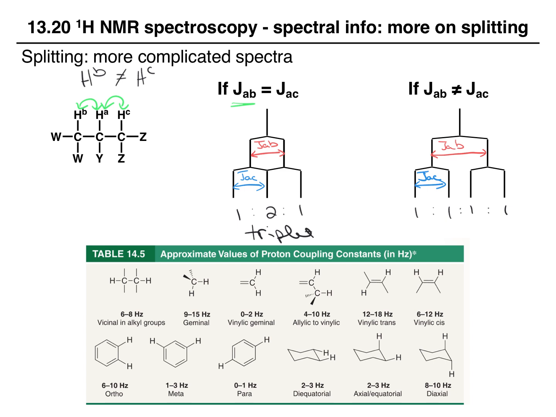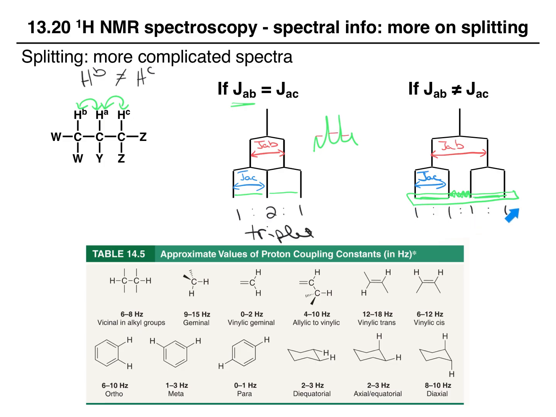Notice also, if we're just looking here, this gap is the same as this gap, but this one is different, right? If we have our triplet, for example, this gap is the exact same as this gap. If we have a quartet, then this distance is the same as this distance is the same as this distance.